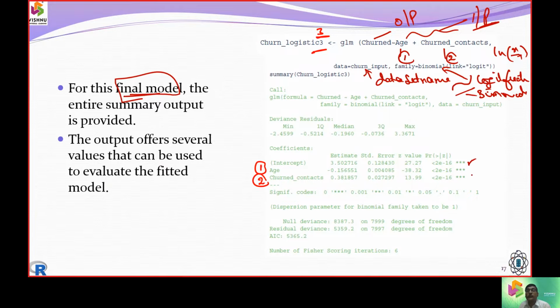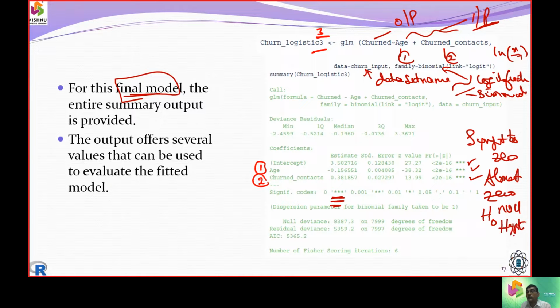The reason is intercept was significant to 0, age was significant to 0, churn was significant to almost 0. That is, they are with H0 towards the null hypothesis.